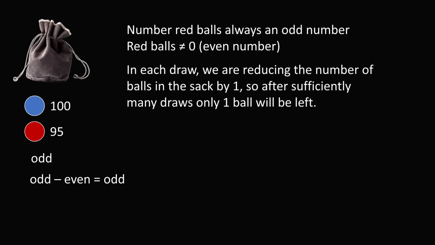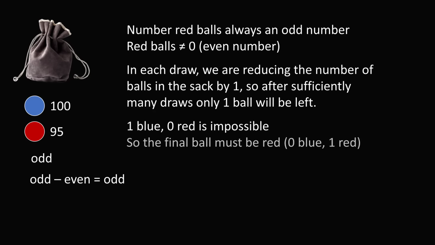In each draw, we are reducing the number of balls in the sack by 1. So after sufficiently many draws, there will only be 1 ball left. Now, 1 blue, 0 red is impossible because we can't have the number of red balls being an even number. So the final ball must be red. It must be that we have 0 blue balls and 1 red. Therefore, the final ball is going to always be red.